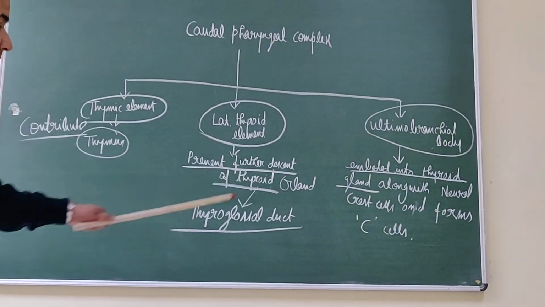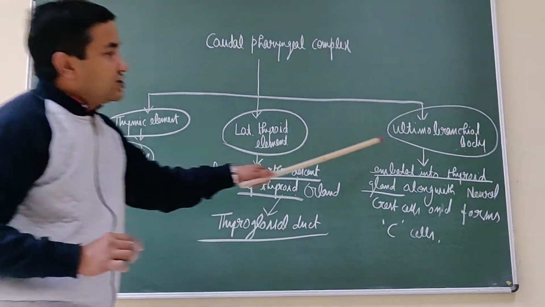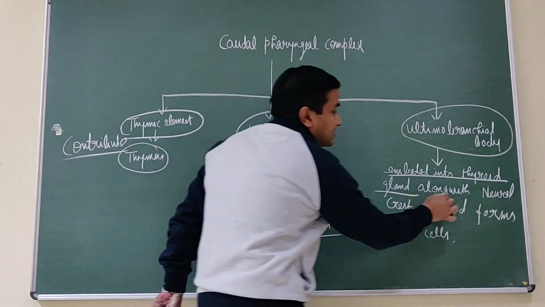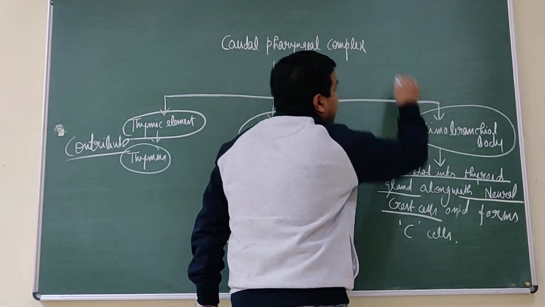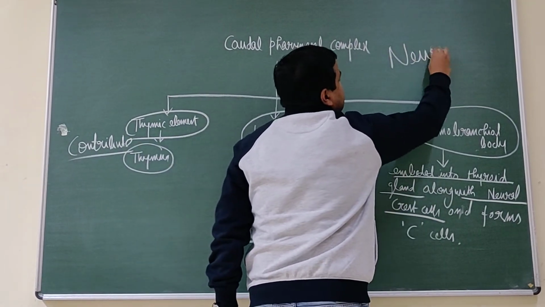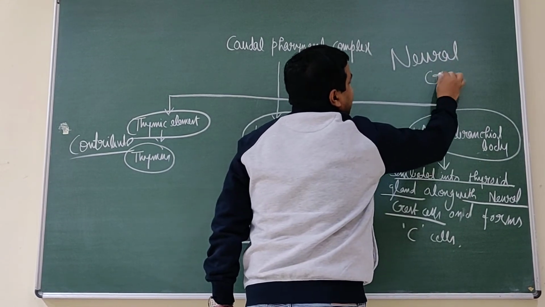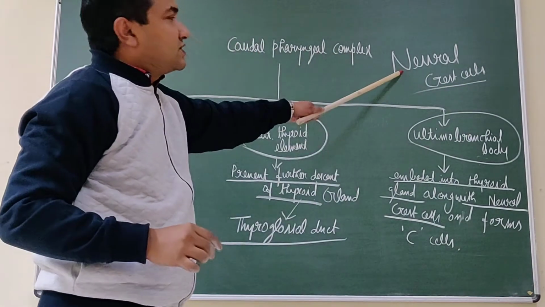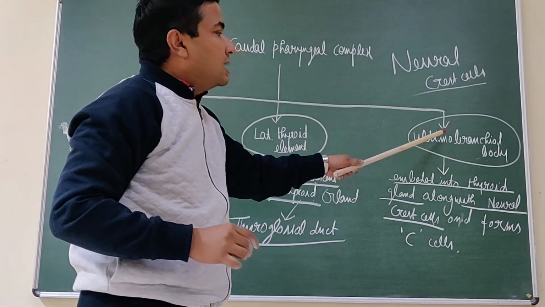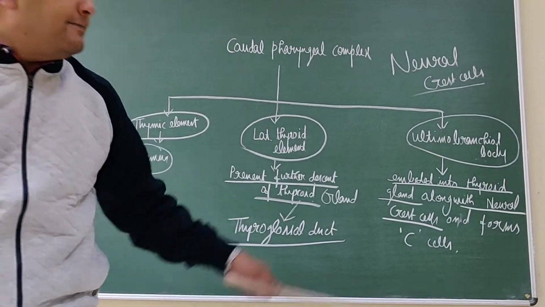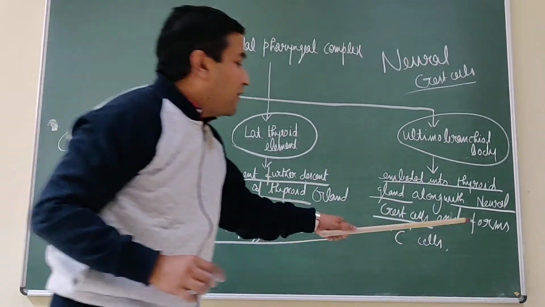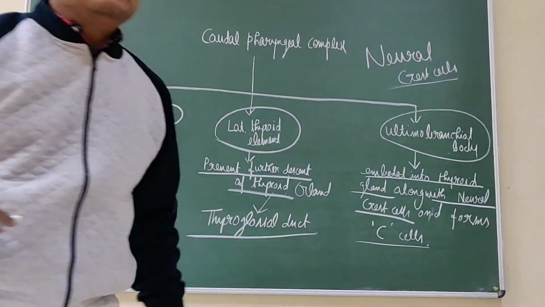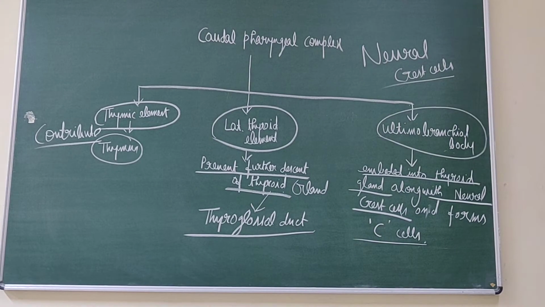This tissue enters into the thyroid gland along with the neural crest cells. These two structures, neural crest cells and the ultimobranchial body, are embedded into the thyroid gland and form the C cells, the calcitonin secreting cells.